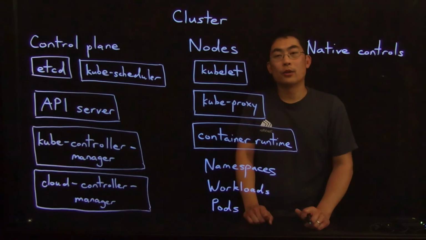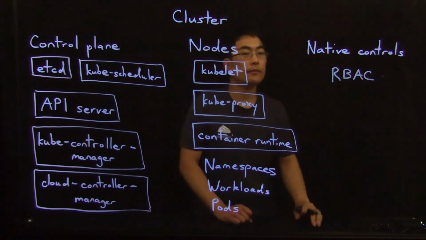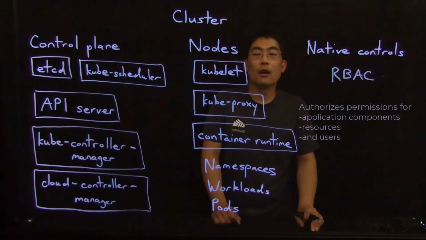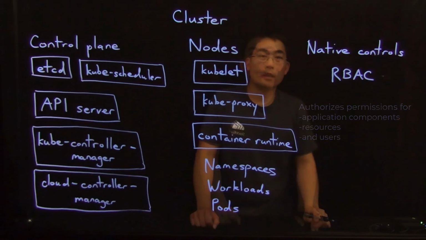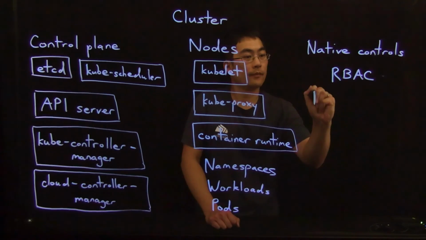One of the controls that it makes available is called role-based access control. Role-based access control can be used to authorize permissions on both application components, resources, and users that are operating within a cluster. Another control that Kubernetes makes available is network policies.